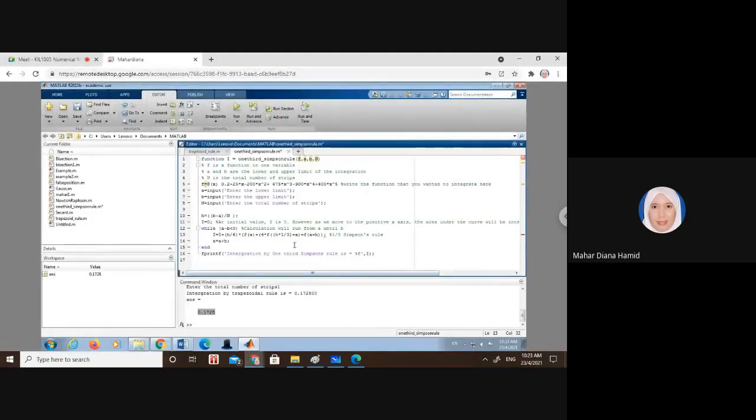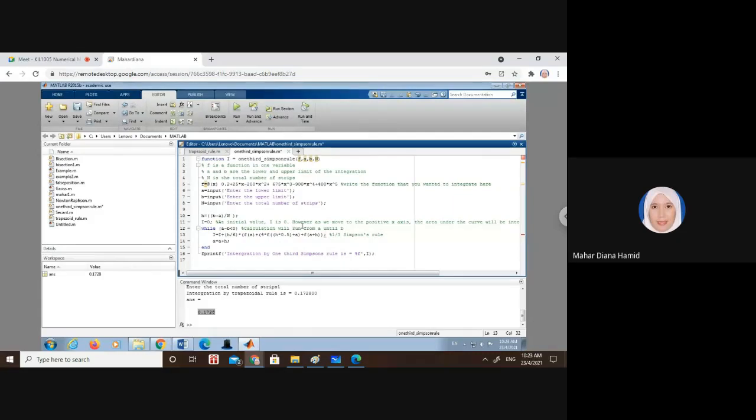So this is actually 0.5. And as you can see, the only difference would be the integration equation.